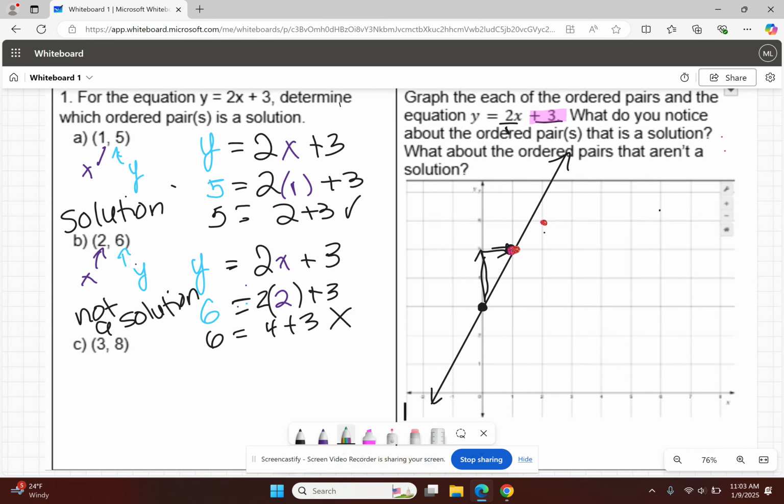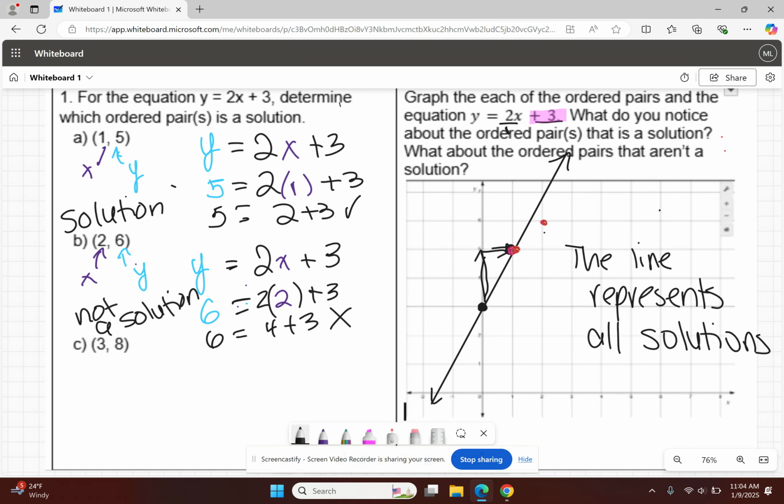So what can we conclude? Well, all ordered pairs that are solutions graphically are on the line of the equation that we have. That's because the line, and I'm going to write this out because I feel this is very important, represents all solutions written in ordered pairs, so they're all the combinations of x and y that satisfy the equation.